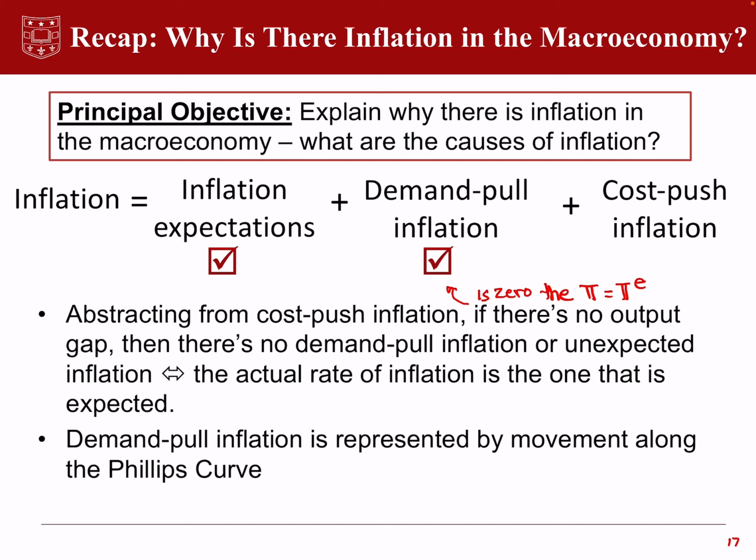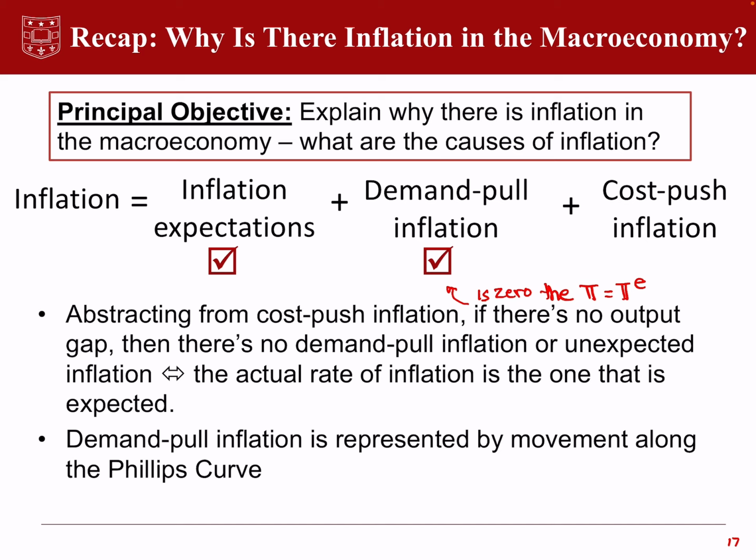Demand pull inflation is represented, as we saw, by a movement along a Phillips curve. So as the output gap becomes more positive, there is an increase in unexpected inflation, and we're sliding along a given Phillips curve to a higher level of unexpected inflation and therefore inflation. When the output gap becomes less positive, we have the opposite happening.